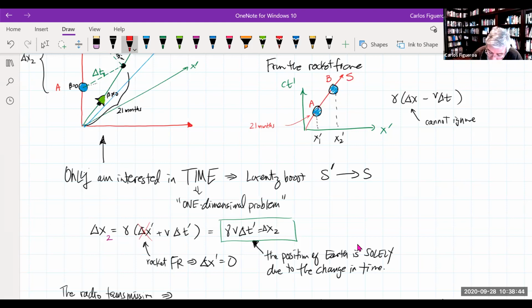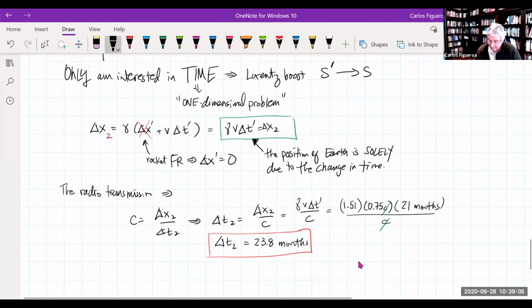So relative to the rocket, this Earth is moving at some beta along that way. Now remember, those arrows don't mean anything here, right? These are just little side things to remind you that the Earth is moving from point A to point B. Okay.